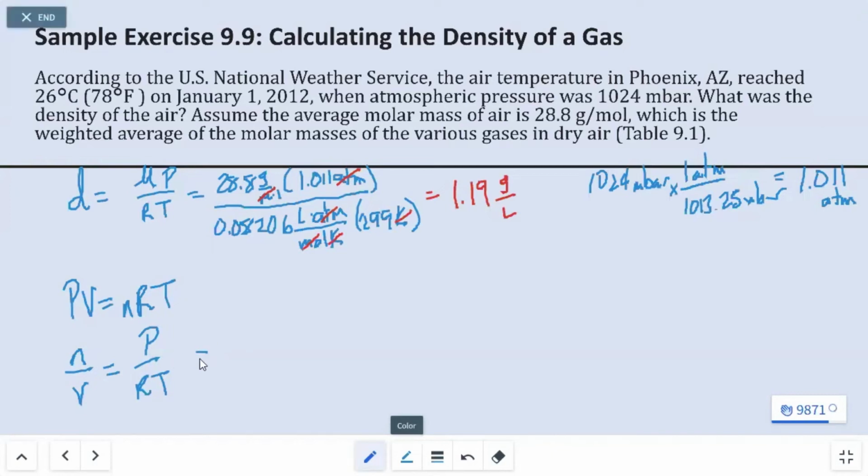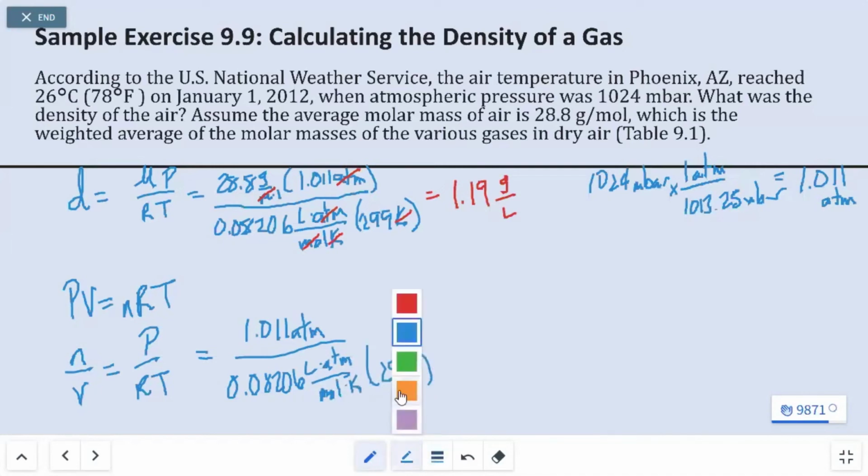So if I follow that same process, I still have the same pressure, 1.011 atmospheres. The R value is still the same, 0.08206 liter atmospheres per mole Kelvin. Temperature still 299 Kelvin. If I do my crossing out, the atmospheres cancel, the Kelvin cancel.